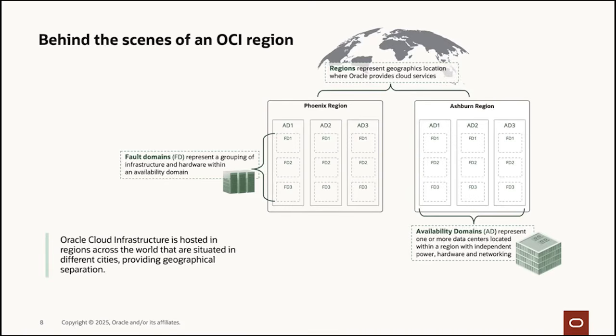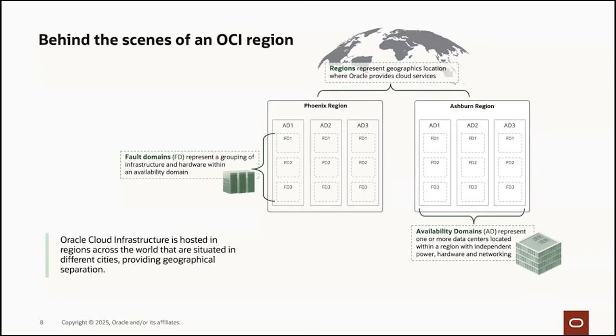When you're building out your workloads, you can build it out across availability domains within that region. And you'll have the choice where you want to place your services when you deploy them. So if you deploy a virtual machine, you'll be able to choose which fault domain, which availability domain you want to place those in.